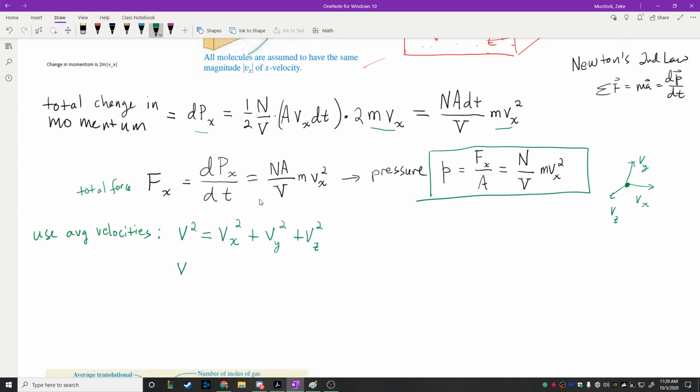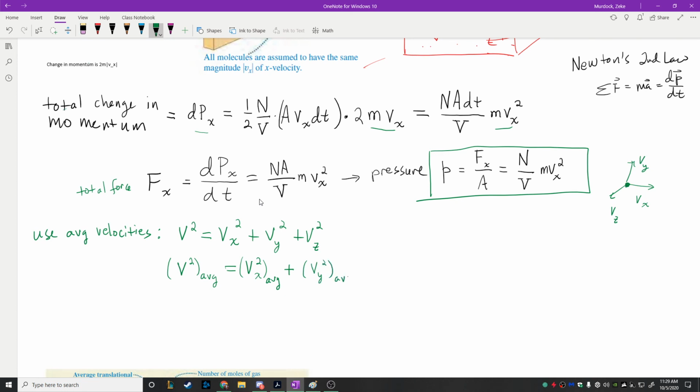Likewise, whatever the average velocity squared of my molecules is, that's also going to be related to the individual x, y, and z average velocities. So we take the average x velocity squared, the average of all the y velocities squared, and the average of the z velocities squared.